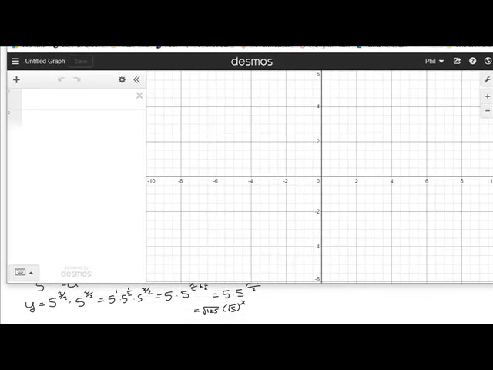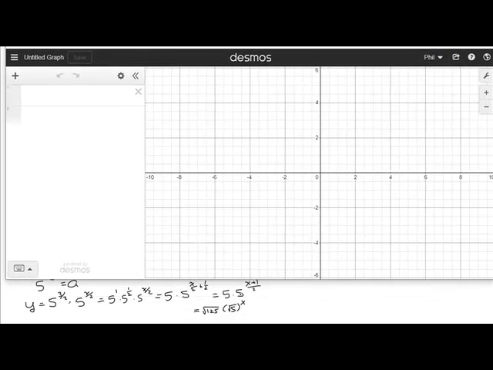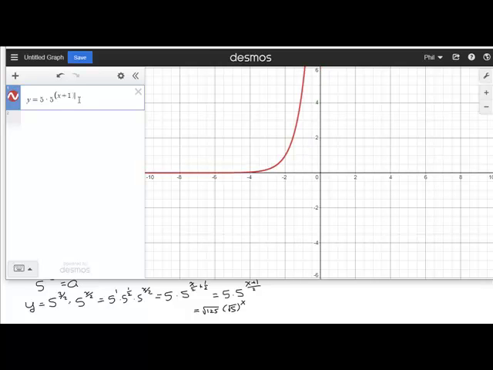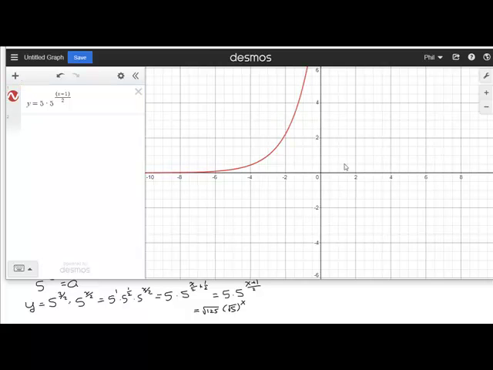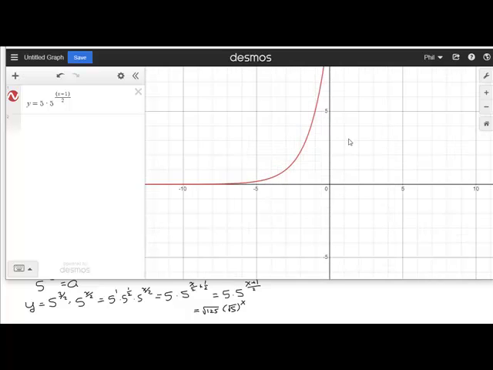So here, let's see, right about there. So we said, okay, how are we going to test this? Y equals 5 times 5 raised to the, with the way I have it, x plus 1 divided by 2. Now, remember our original problem. It said it had to go through -1, 5 and 1, 25.